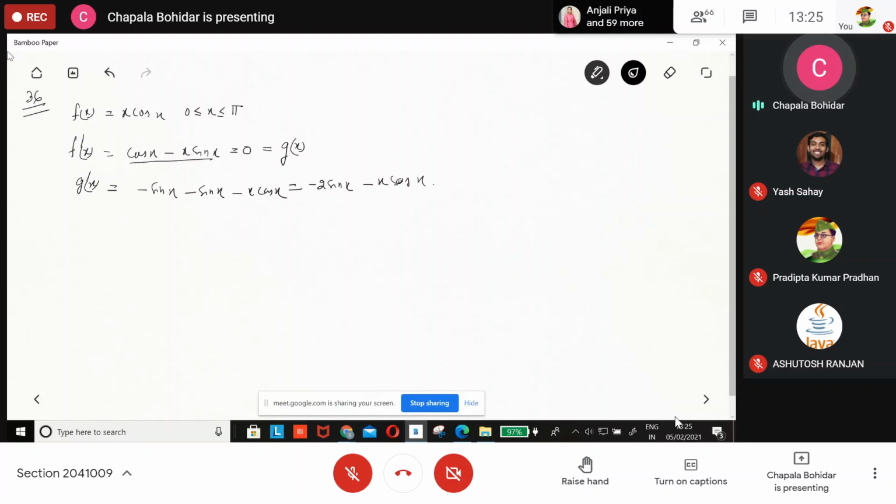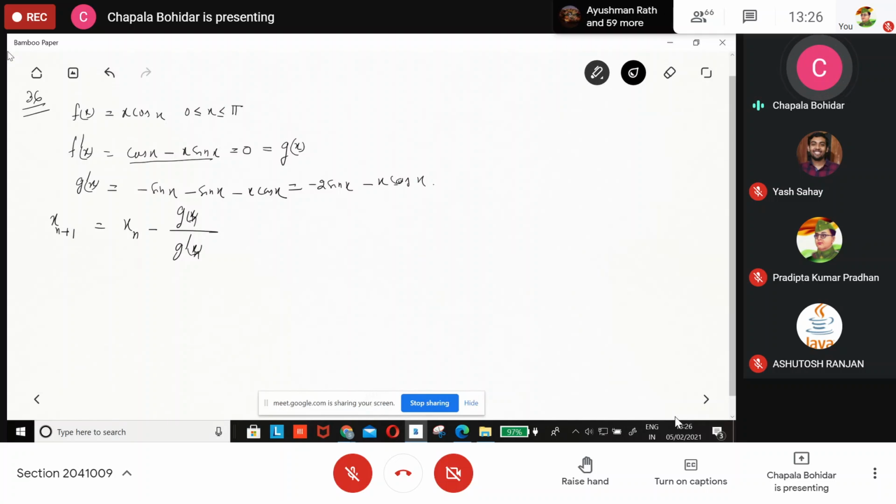So what do we write down as our Newton's formula? x n plus 1 is equal to x n minus g x divided by g dash x. We have to write it in this way.